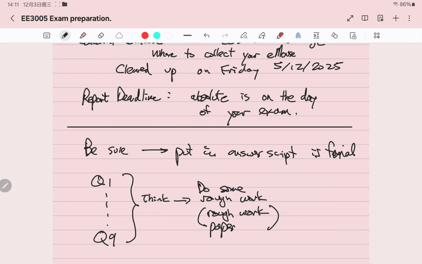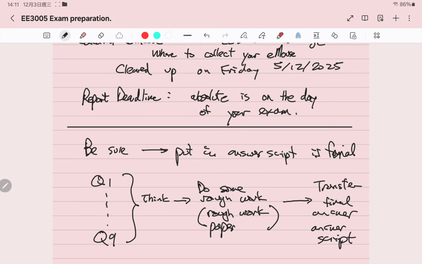So you do it on the rough work, and when you say this is good enough, then you transfer your final answer to your answer script.